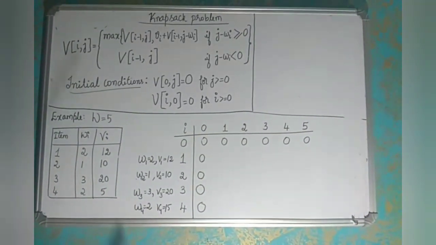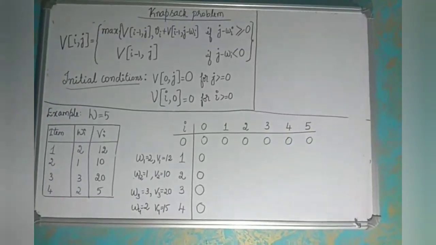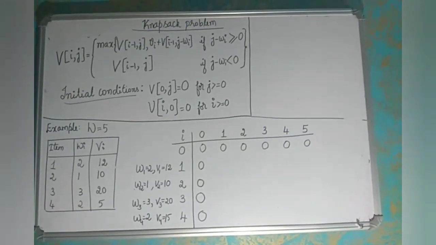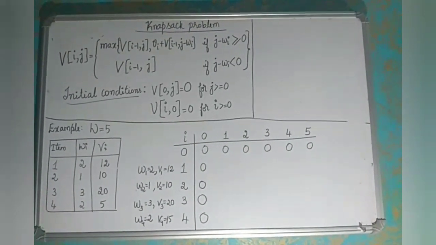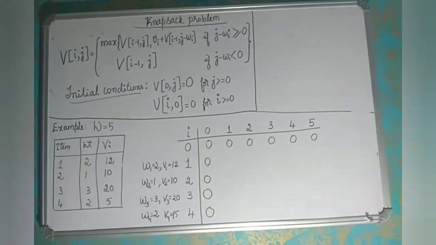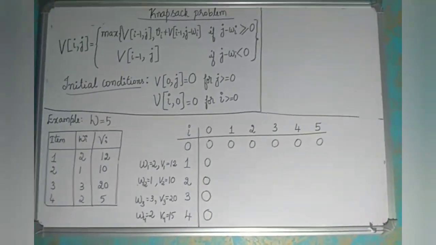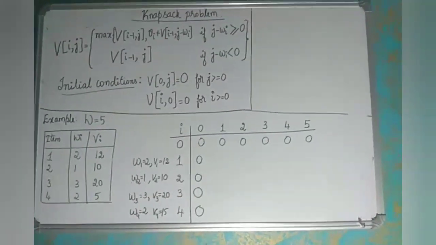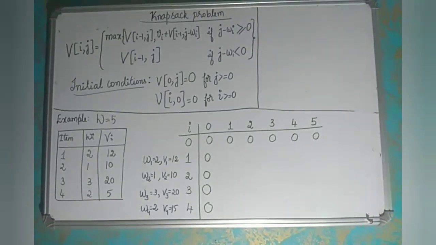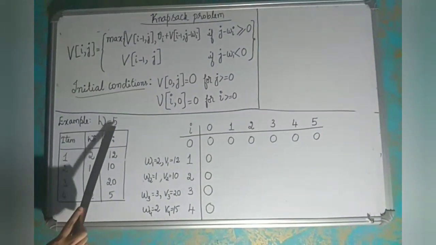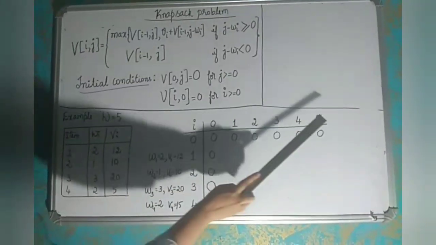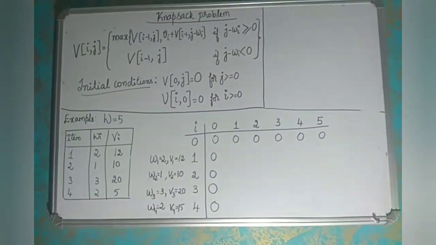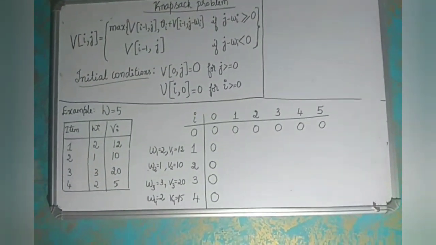Columns also should start from 0. Then the next columns are 1, 2, 3, and so on up to the capacity of the knapsack bag, that is 5. Capacity W is 5. So the last column is 5. Now we have got the initial condition.